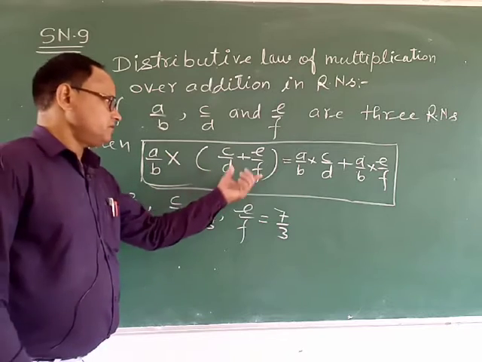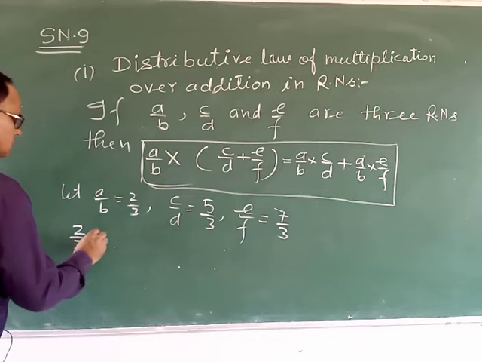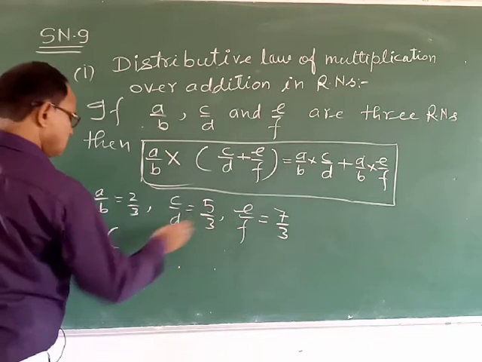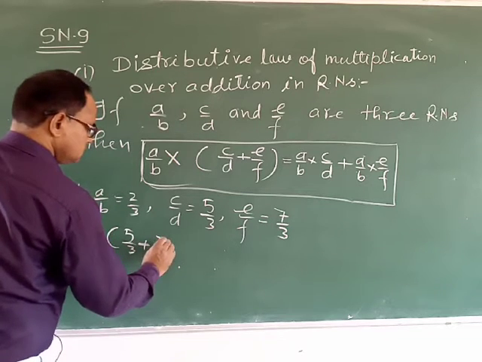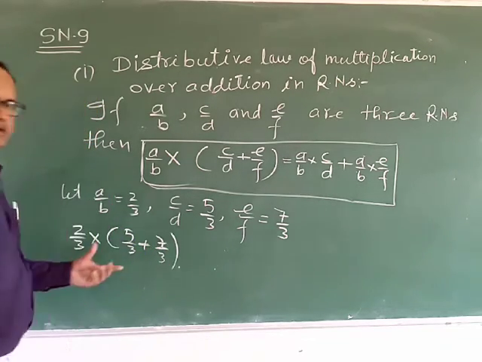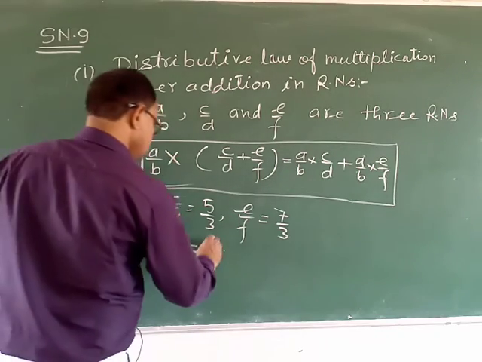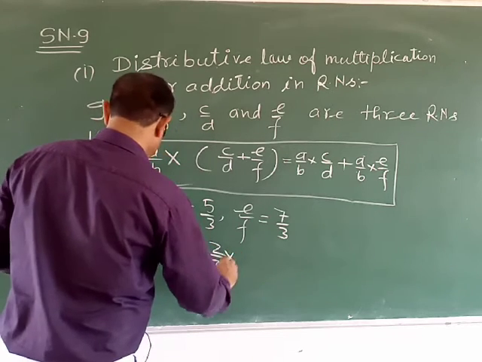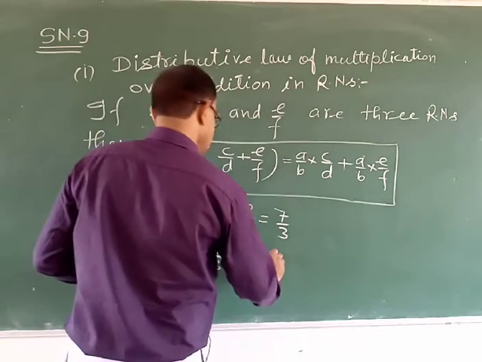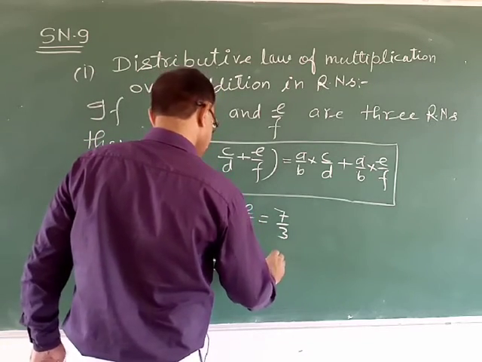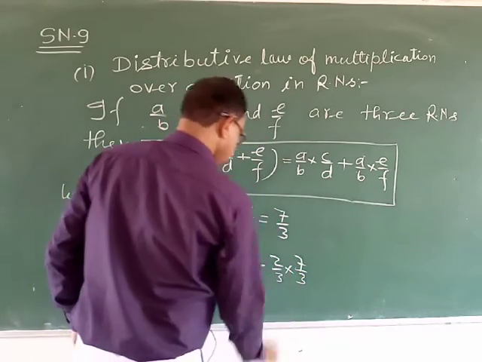Then we write according to this: 2 by 3 multiplied over the sum of 5 by 3 plus 7 by 3. Then we write it as 2 by 3 multiplied by 5 by 3 plus 2 by 3 multiplied by 7 by 3.